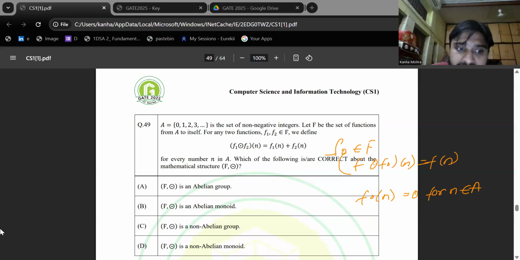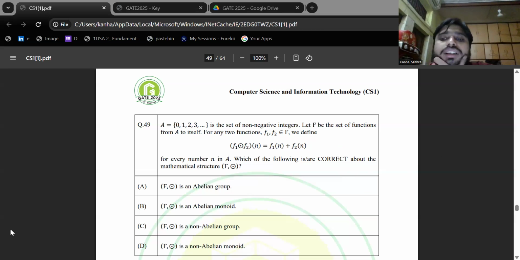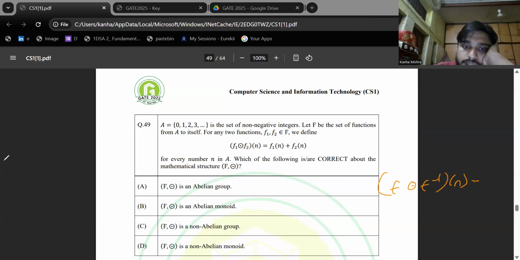So the identity does exist. Inverse element. To have an inverse, for each function f belonging to F there must exist an f inverse that also belongs to F, such that f ⊙ f inverse of n is 0.